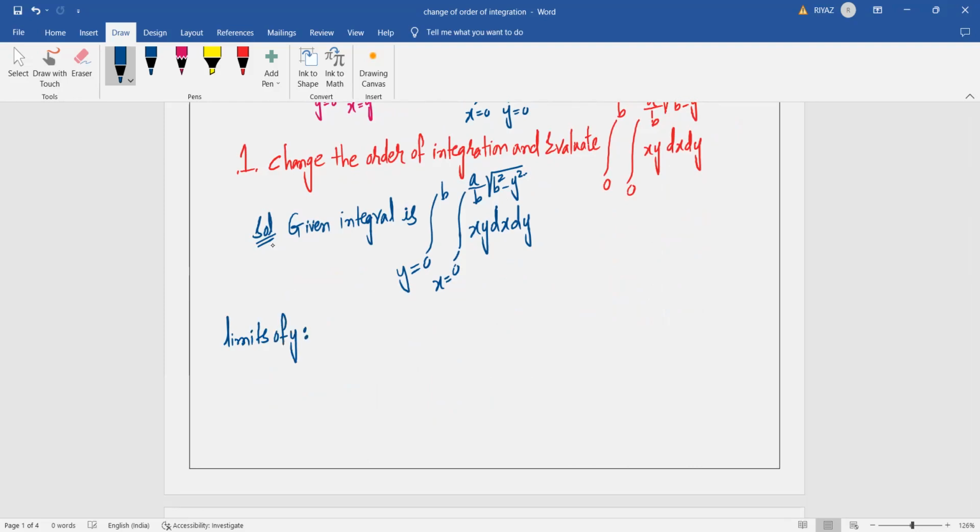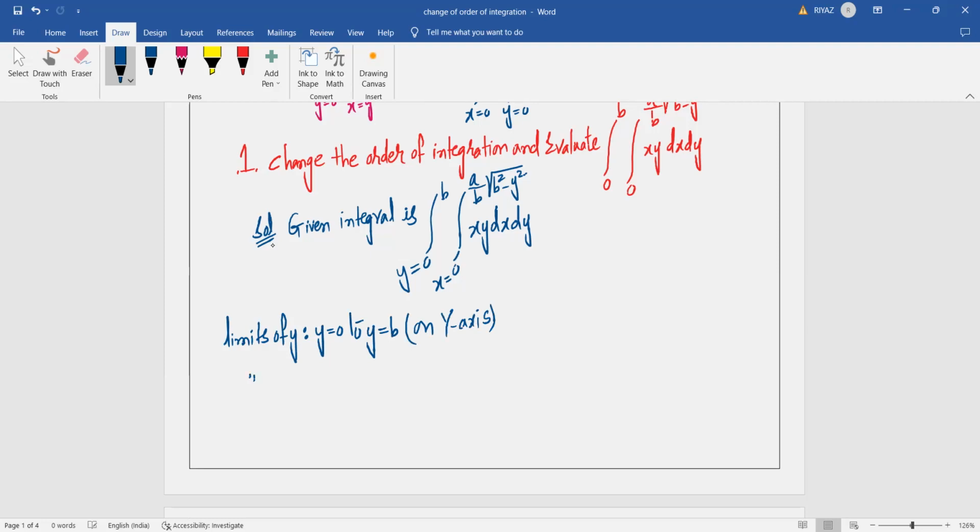Limits of y: y is equal to 0 to y is equal to b. It's in terms of y, so definitely it lies on the y axis.